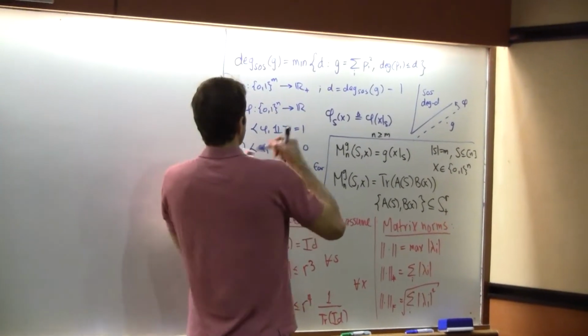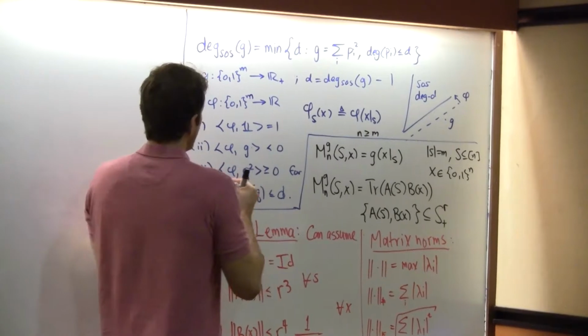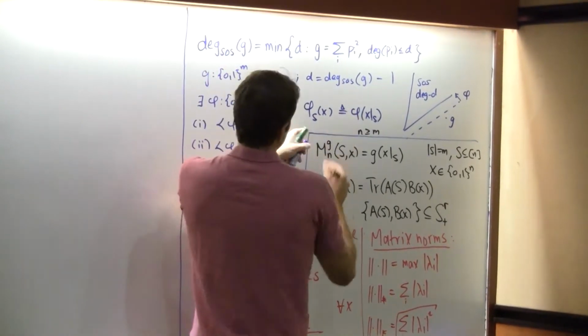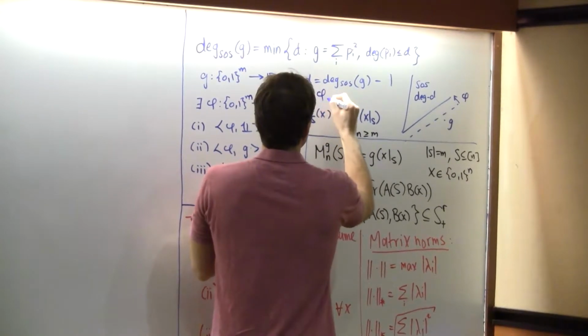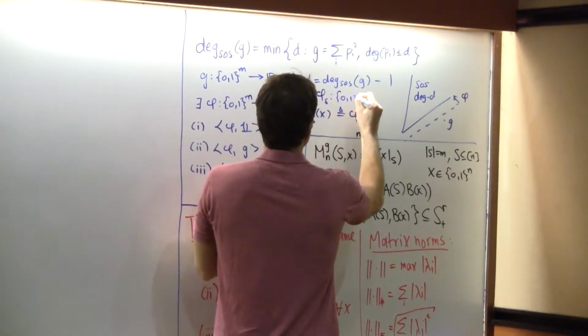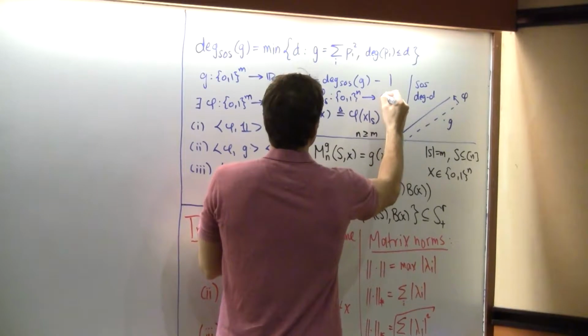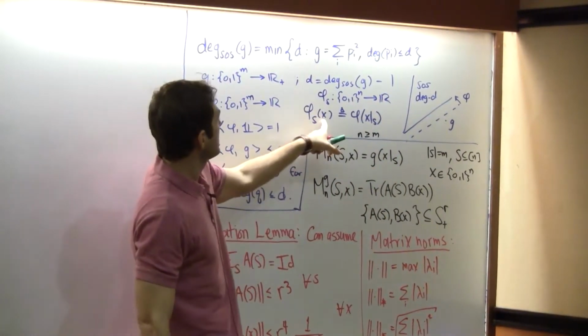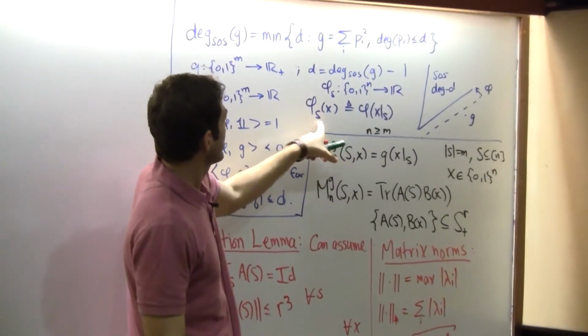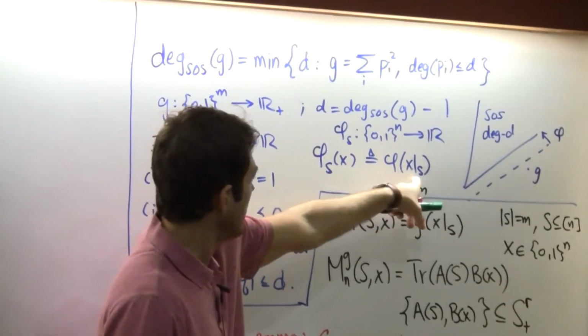Sorry, this is supposed to be M. And I guess we should put here that this phi S is on things of length N. So it's just applied to input X. It's just looking at this M-dimensional space on the subset S.